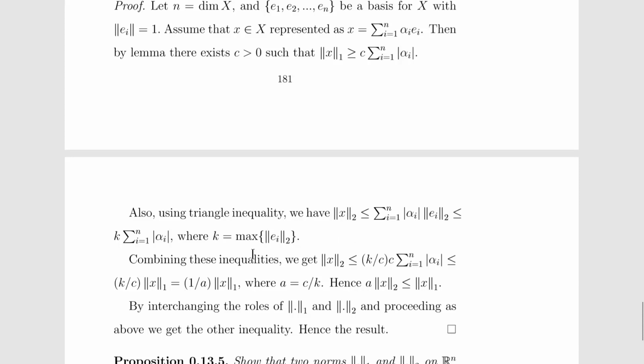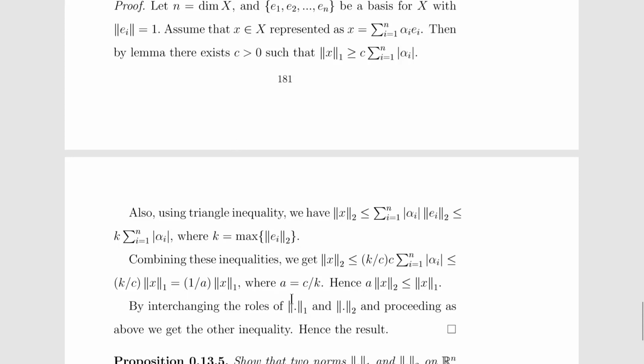Combining these two inequalities, we get the norm over 2 is less than or equal to k over c times c times the summation of modulus of alpha i. This is less than or equal to k by c times the norm of x1, by considering the previous inequality we had.